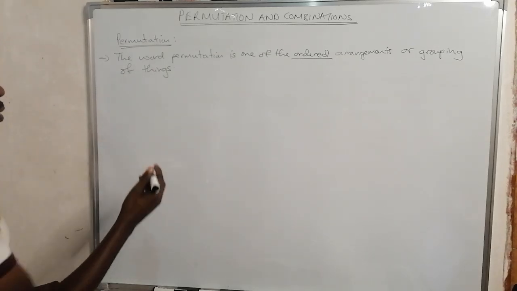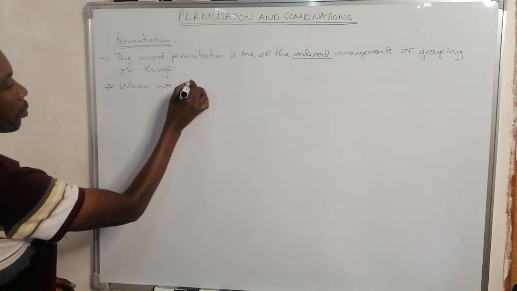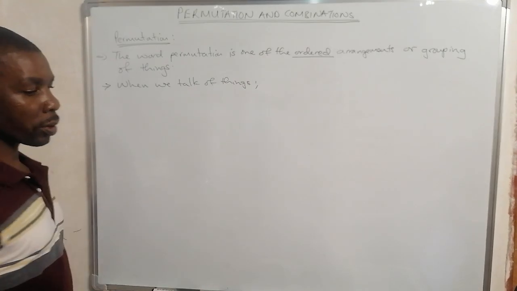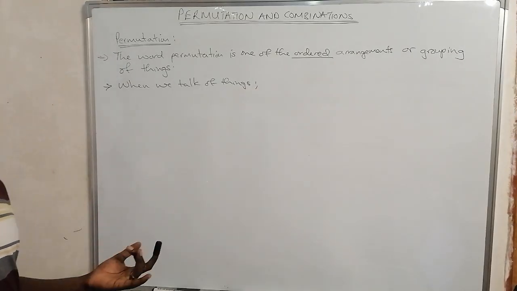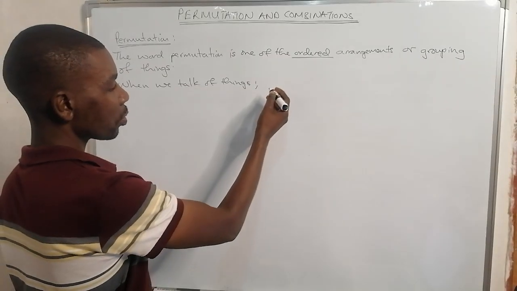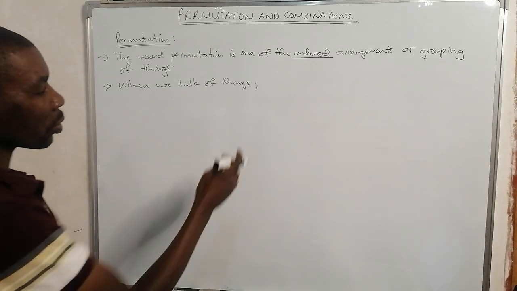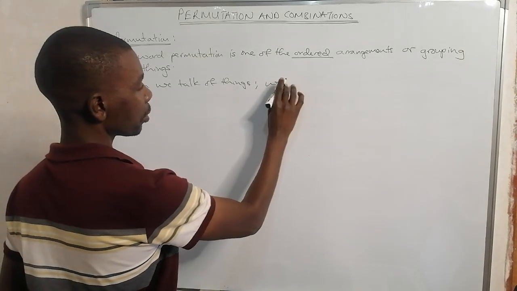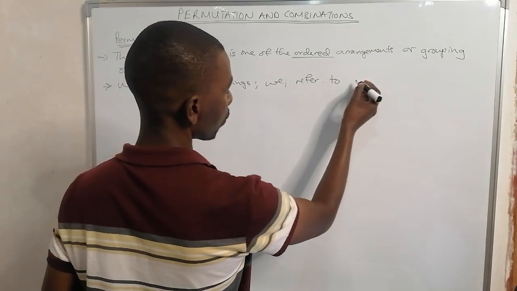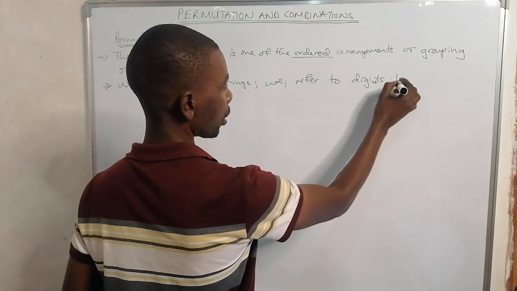So when we talk of things, we are talking about digits, that's numbers, letters of the alphabet, human beings.